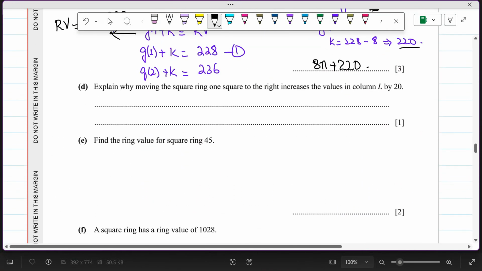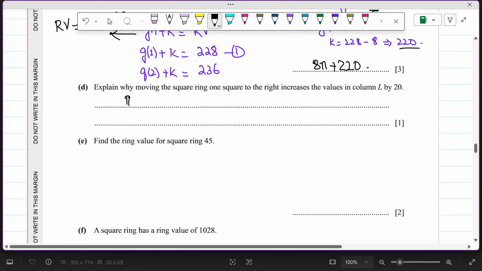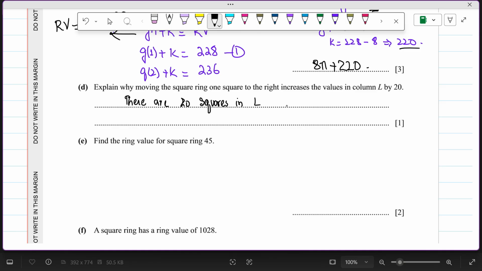So we can say that there are 20 squares in L. Each increases by 1 if we increase n by 1.